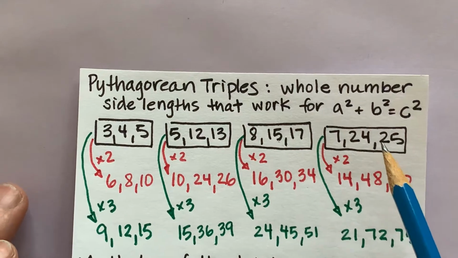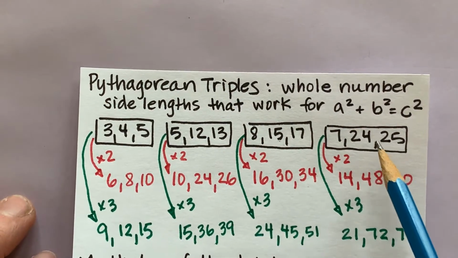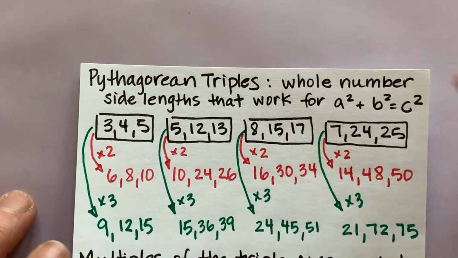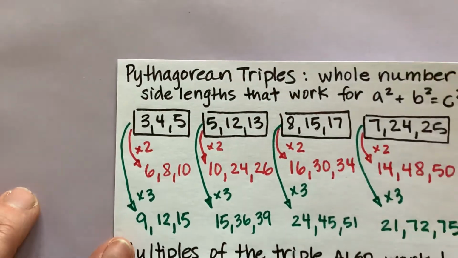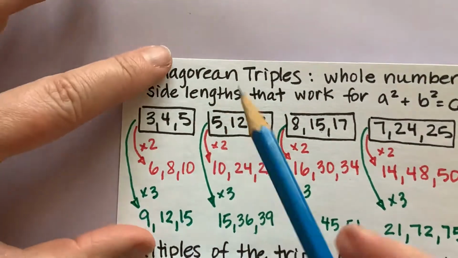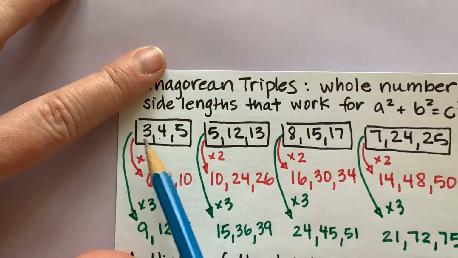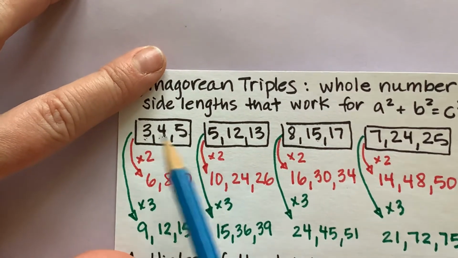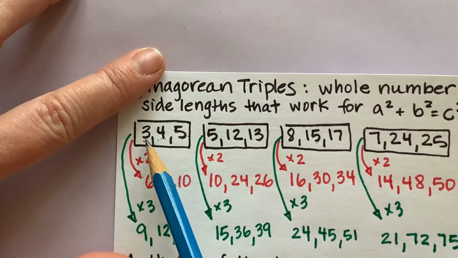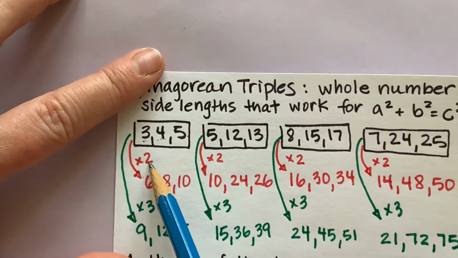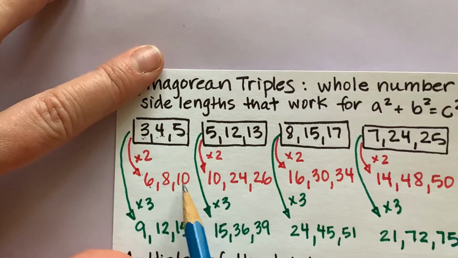Now, what's really cool about the triples is you can actually see more Pythagorean triples using these. So if I take 3, 4, and 5, and I multiply all the side lengths by the same number, so if I multiply 3, 4, and 5 all by 2, I get 6, 8, 10.